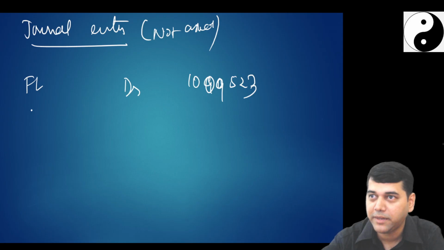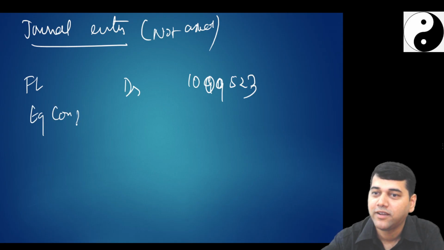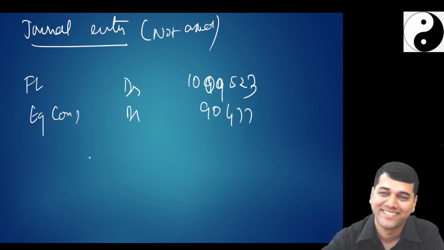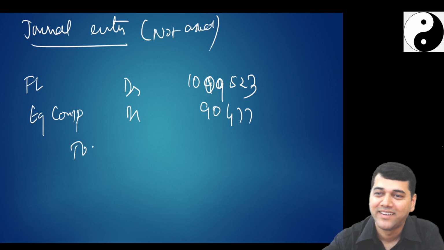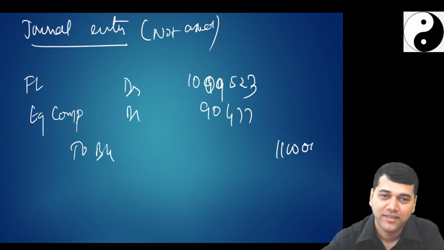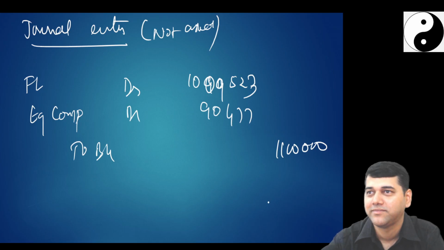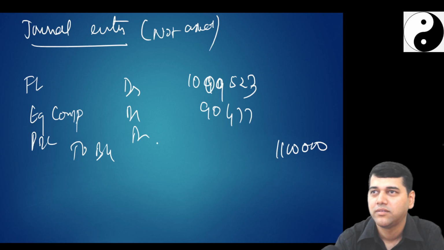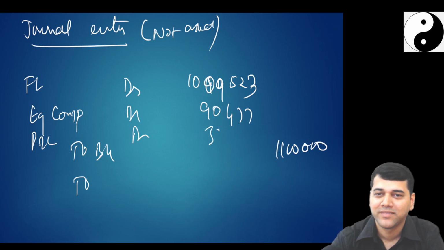Equity, I'll debit. Equity component, how much? 90,477. To bank, how much? 11 lakh. What is the difference? Debit or credit? How much? Okay, I can club now. You tell me here only. 37,047.